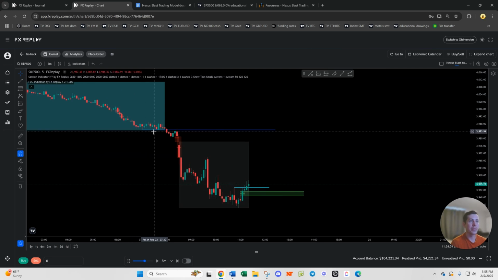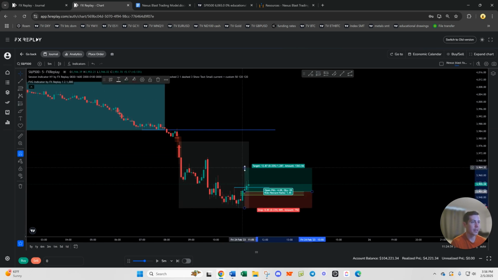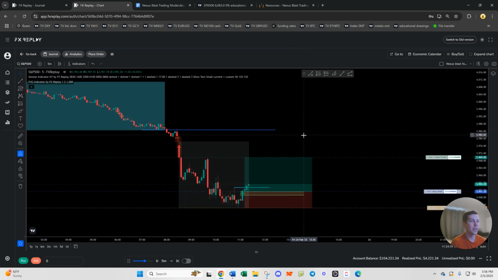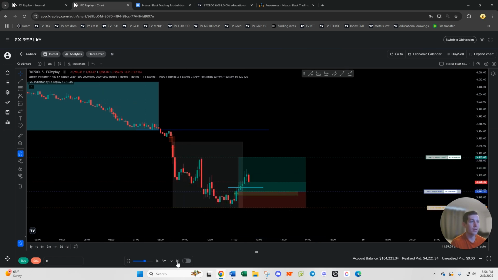This next day we have a sweep of the London low, so we're looking for longs. We did have a break of structure right here before, but there was no fair value gap that lined up with it, so we need to wait for both of those to be present, which we got a little bit later. We got a break of structure and our fair value gap that lines up with it. So I would look to enter on a retest, and looks like this high gives me at least 2R. So go ahead and place an order here and see what happens.